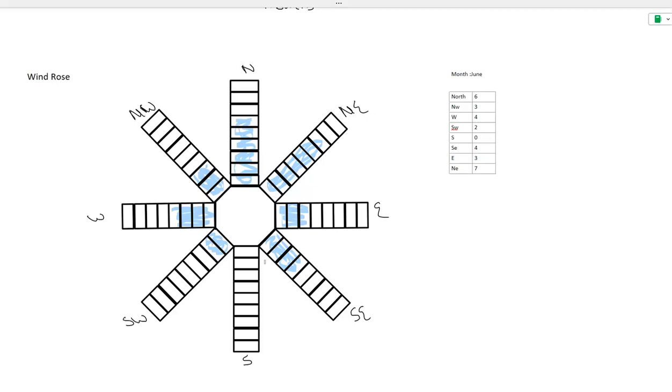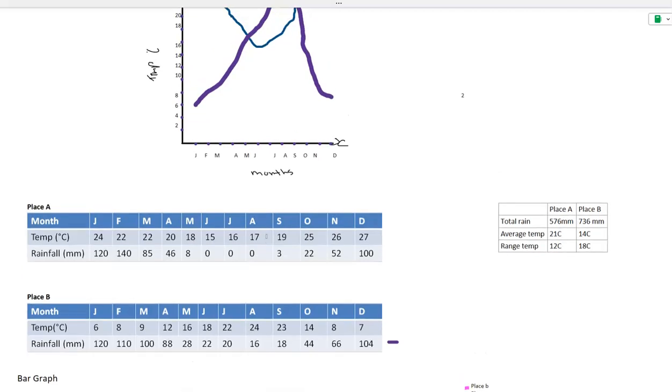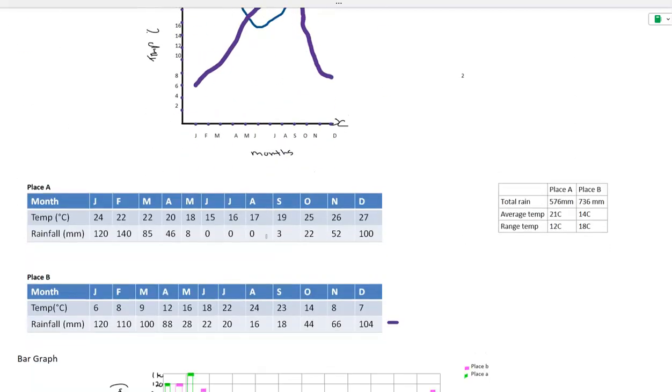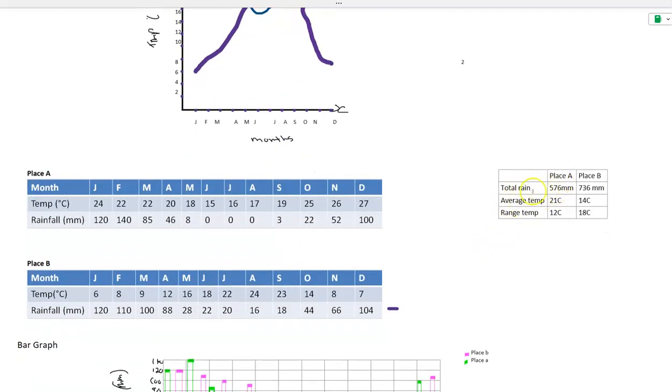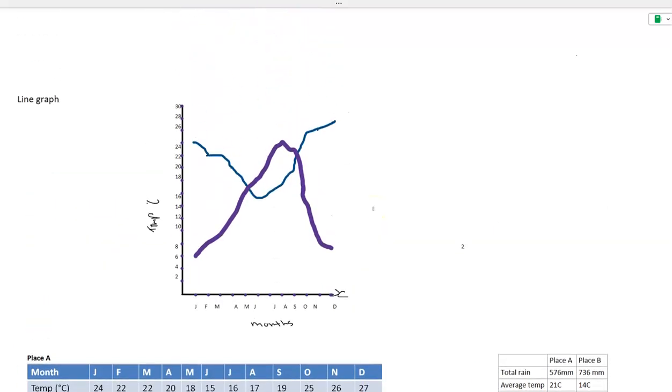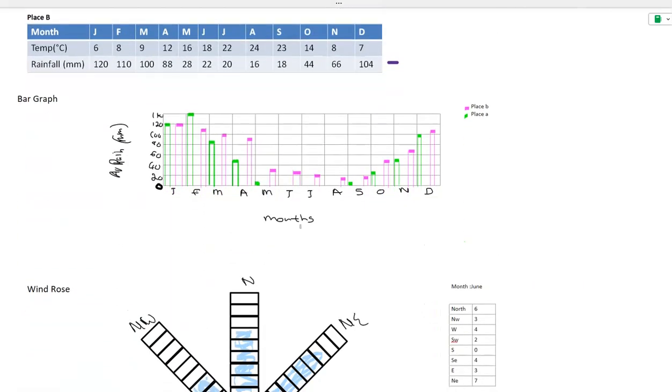Now we have done quite a few things. Just to recap all these videos, we have worked out the total rain, the average temperature, and the range temperature. We have plotted the line graph for both places on our temperature. We have plotted our bar graph for the rainfall, and we have our windrows that we have completed.